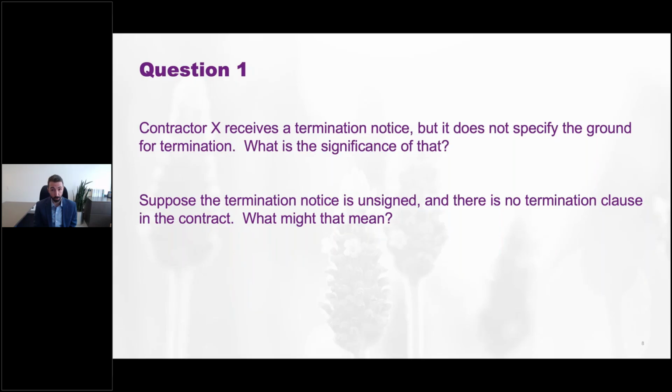some of the procedural issues. Is it signed, right? Does your contract have a termination clause? Does your termination clause specify any kinds of procedures, right? So those are all things to look at. And I did see there was a question that came in about, can the government issue a termination by email? Well, unless your clause specifies something really specific about the format for the giving of notice, a writing by email will typically suffice.